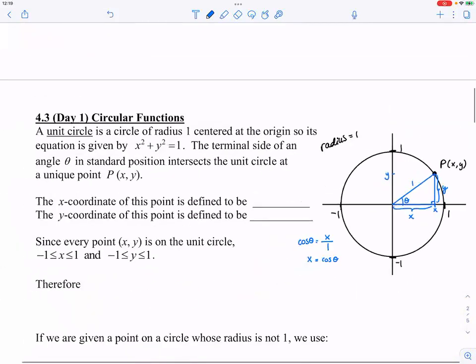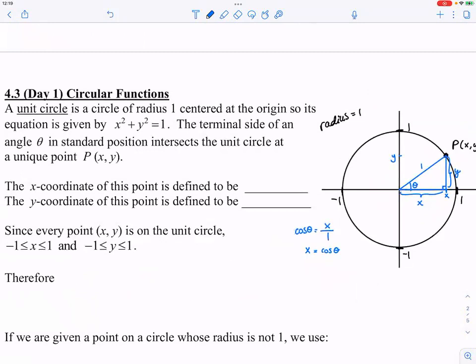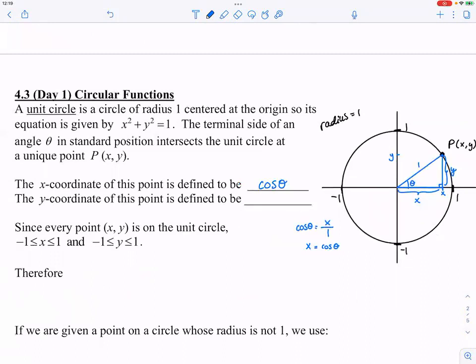So we say, for the unit circle, the x coordinate is defined to be cosine theta. Make sure you can also put this over here.